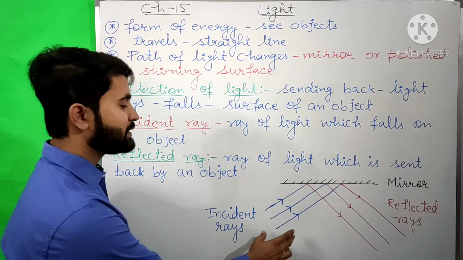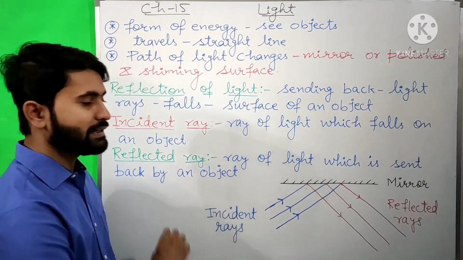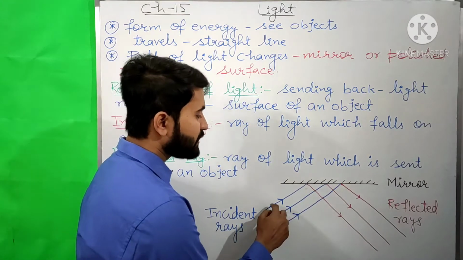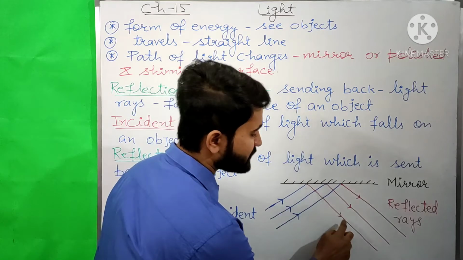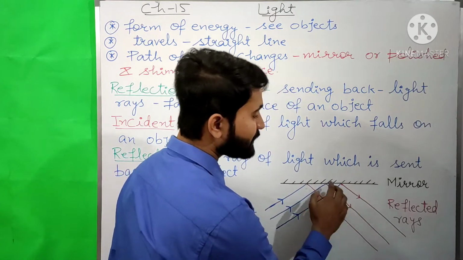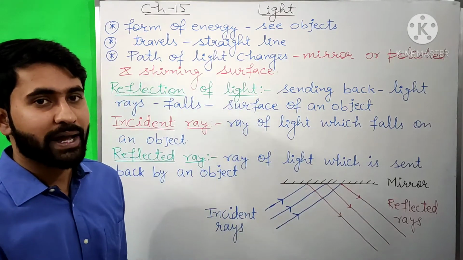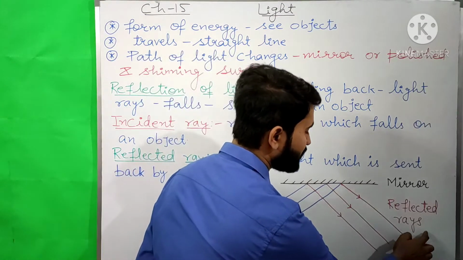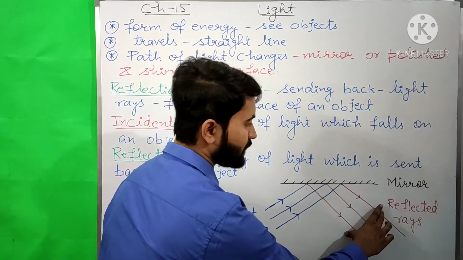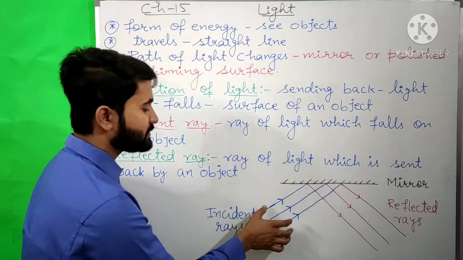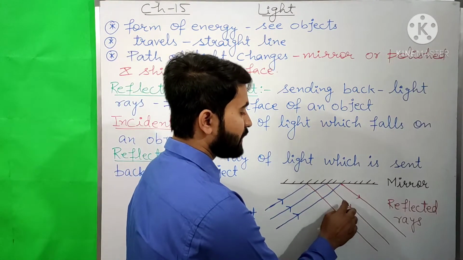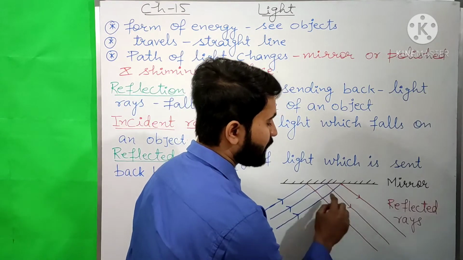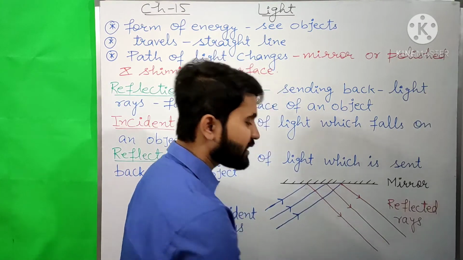So these rays are called incident rays, whereas after falling on the surface of the mirror, these rays are sent back, and these rays which are sent back are known as the reflected rays. So these are the reflected rays, whereas these are the incident rays. We can see here that the reflected rays are also traveling in a straight path.